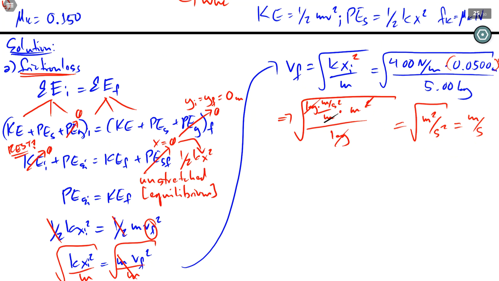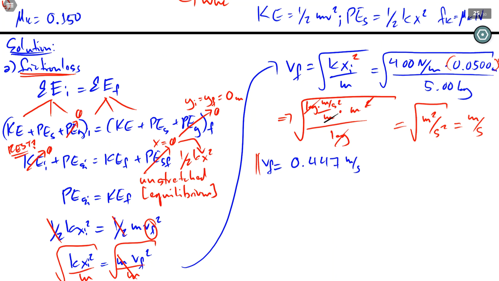Okay, and sure enough, that gives us a speed, and we're talking about scalar quantities here, but according to our diagram, it is going to the left.